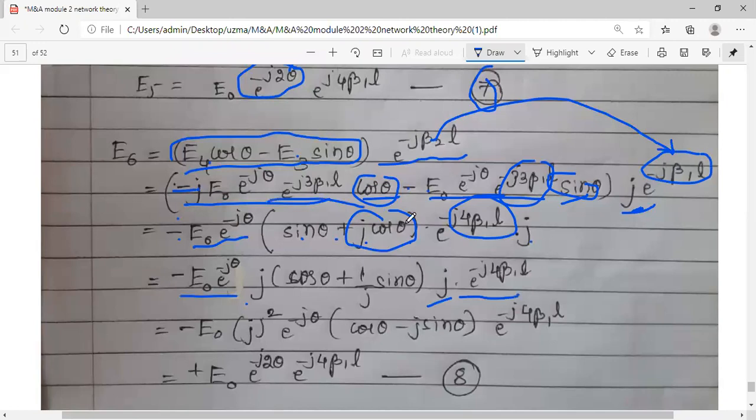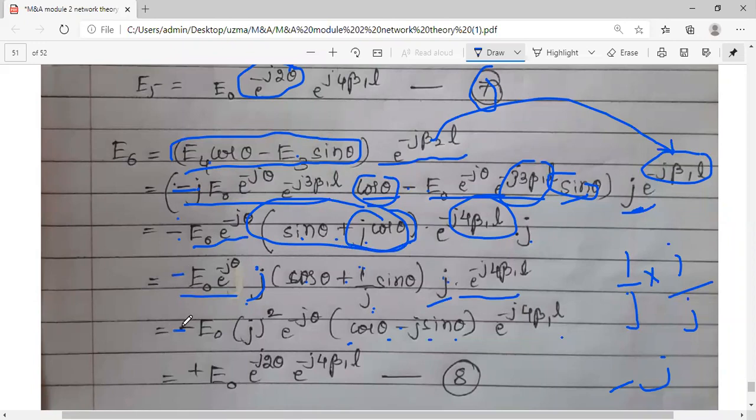In this bracket, sin plus j cos theta, take j common. You'll be left with cos plus 1 by j. What is 1 by j? 1 by j is equal to minus j, since j square is minus 1. So I have written cos minus j sin theta into exponential. And minus j, one more term you have. There is minus, there is j.